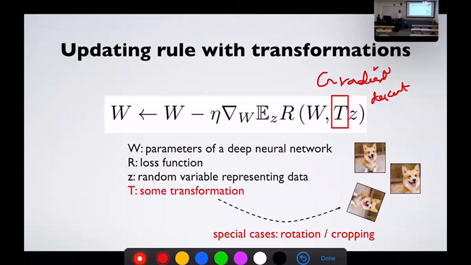I will choose the loss function as R, the risk function. Z is a random variable here, and T is some transformation that changes the data, so it takes data and rotates or crops it.